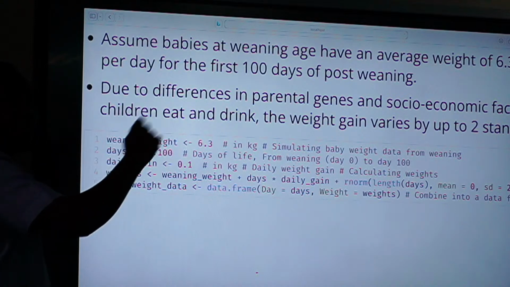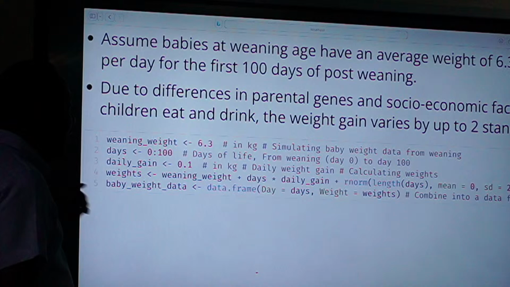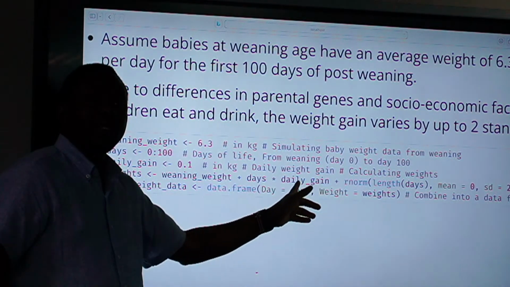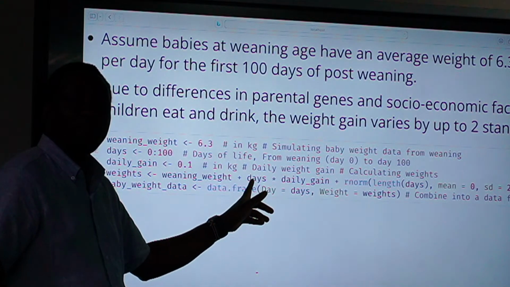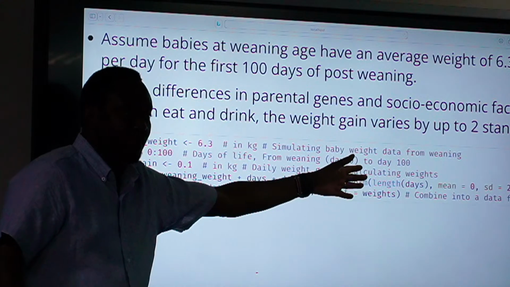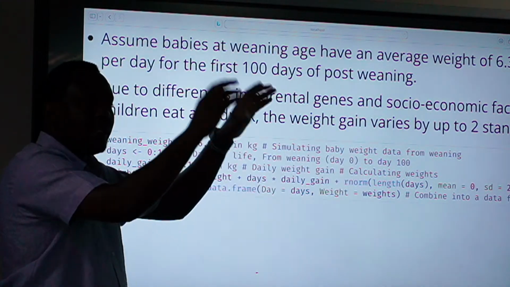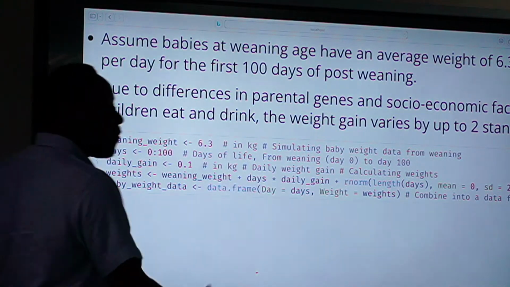Then you have something you want to estimate. The thing you're interested in estimating is this daily gain for every day of life post-weaning. And then some error term. So what you see in those big annotations, it's basically trying to describe that.